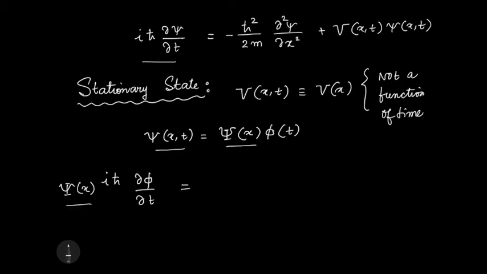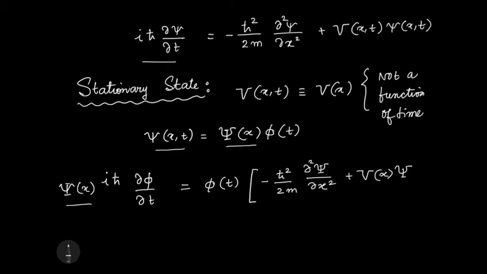Just like psi came out here, on the right hand side there is no time derivative, so phi will come out from the right hand side, and then the rest I can write as h cross square by 2m del two capital psi del x2 plus potential, which is a function of x only, so I am just writing it Vx, and then again that capital psi.